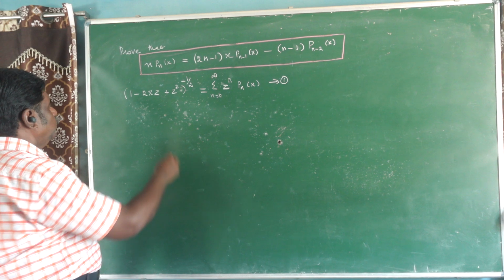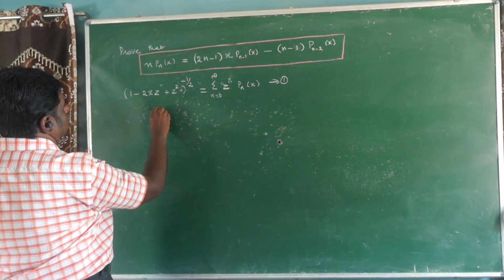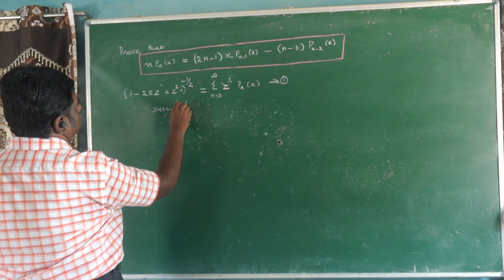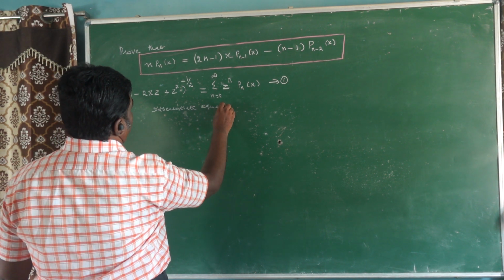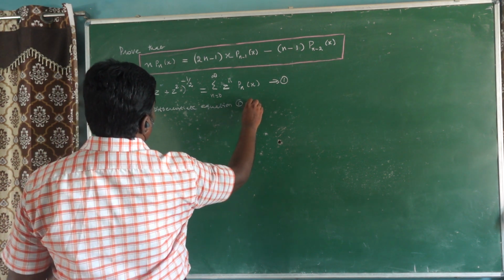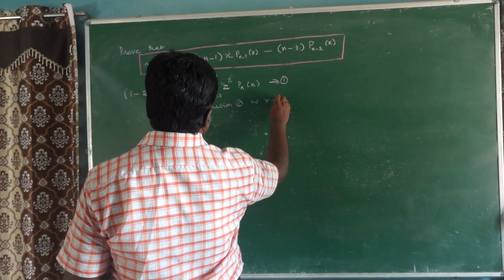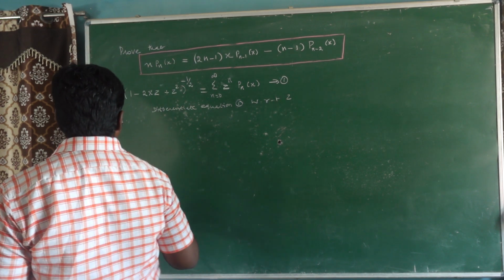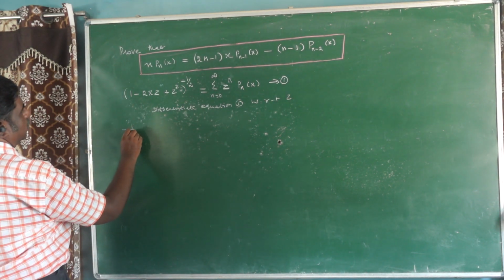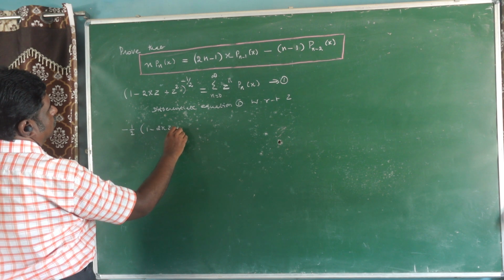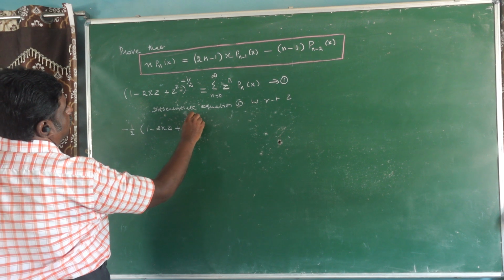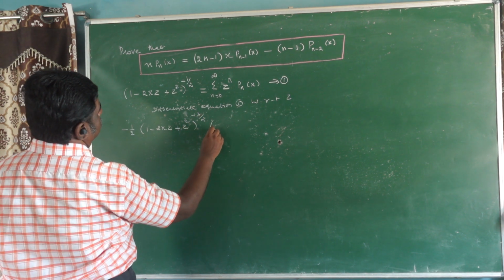Now, differentiate this equation 1 with respect to z. We can get minus 1 by 2 into (1 minus 2xz plus z square) power minus 3 by 2.